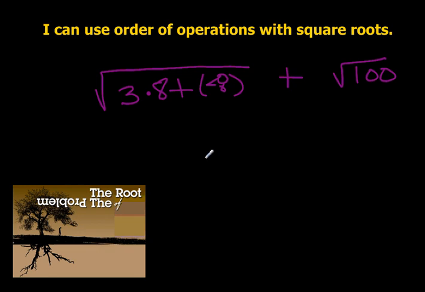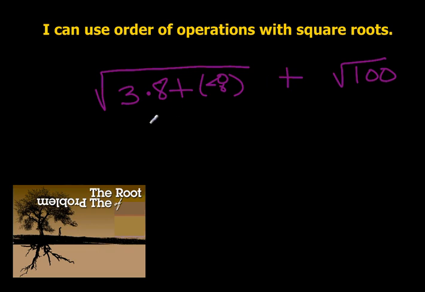Okay, so again, I'm going to think about my order of operations, but one thing I have to recognize here is that I don't have any parentheses in this problem. But then I go to exponents, and these are fancy exponents, which are great, but I can't all of a sudden take the square root. I got to do everything underneath that square root first, and then take the square root.